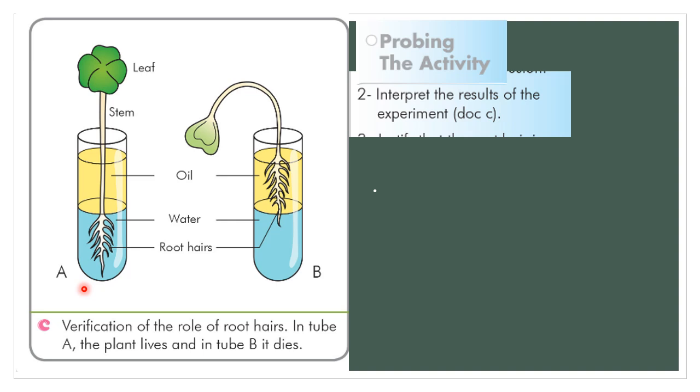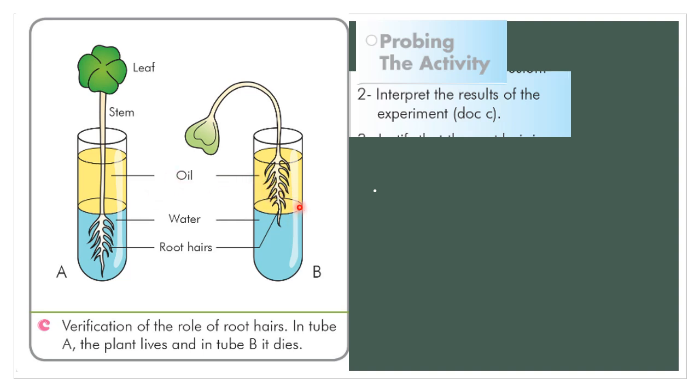The first plant, we have two layers: water and oil. Same here, water and oil in tube B. In tube A, root hairs are totally immersed in water, while in tube B, root hairs are immersed in oil.